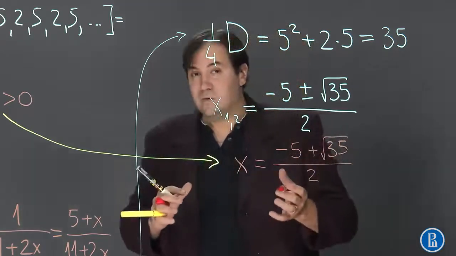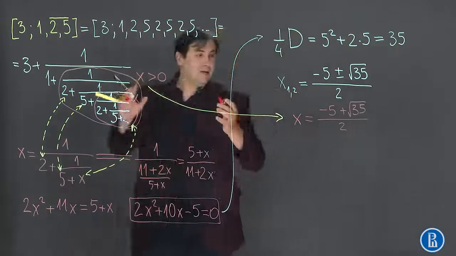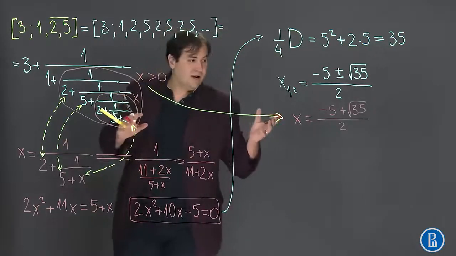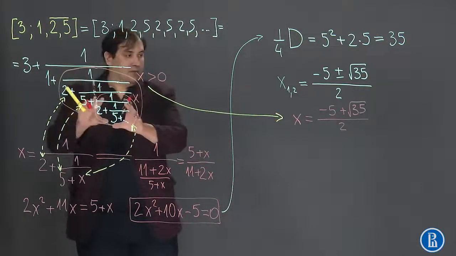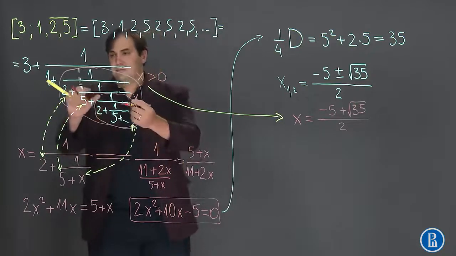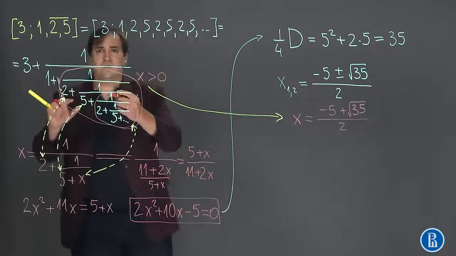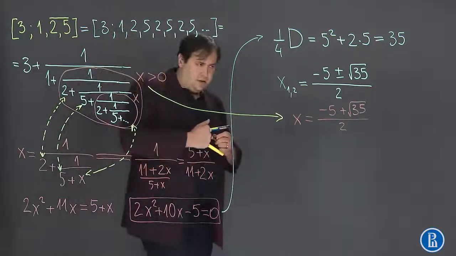Now, in order to find the value of the initial continued fraction, we need to take this value of x, substitute all this by this obtained value, and then roll it all up in order to find the initial continued fraction. We will not do this.